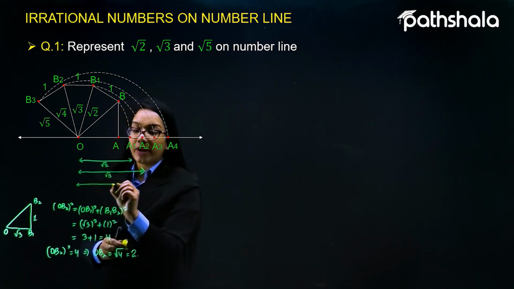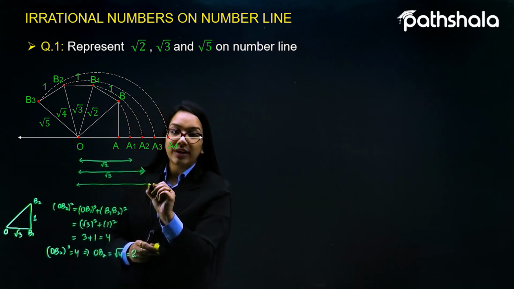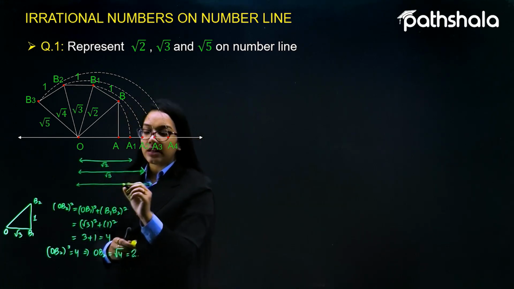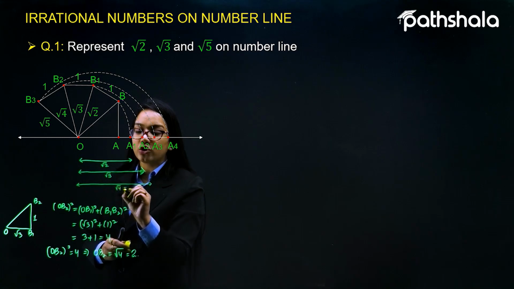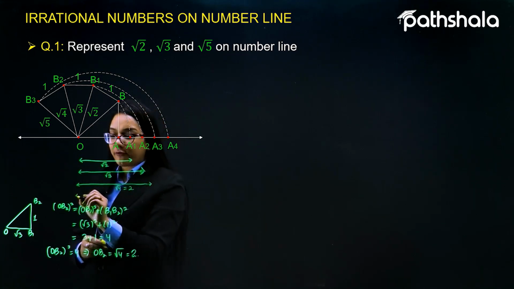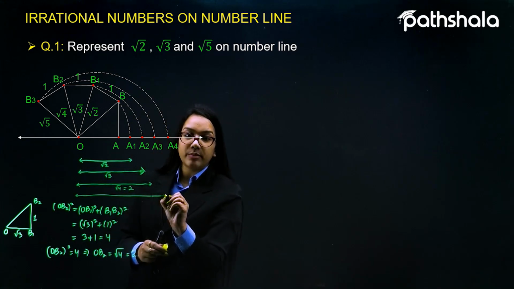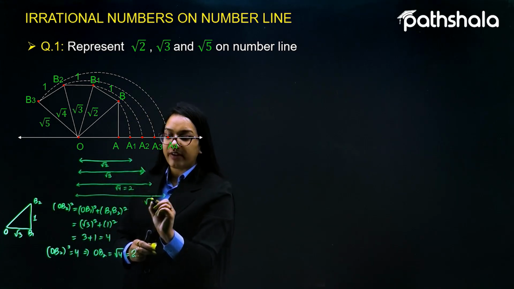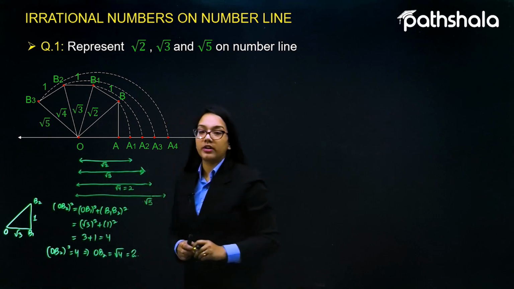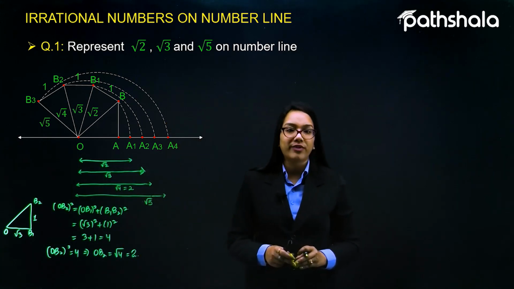And from this point till A3, this is nothing but root 4, that is also we can call it as 2. And from this point till A4, this is nothing but root 5. So this is all about the representation of root 2, root 3, root 5 on the number line.